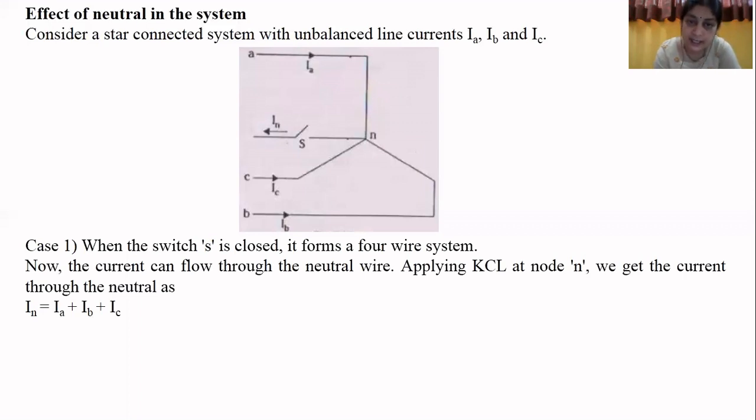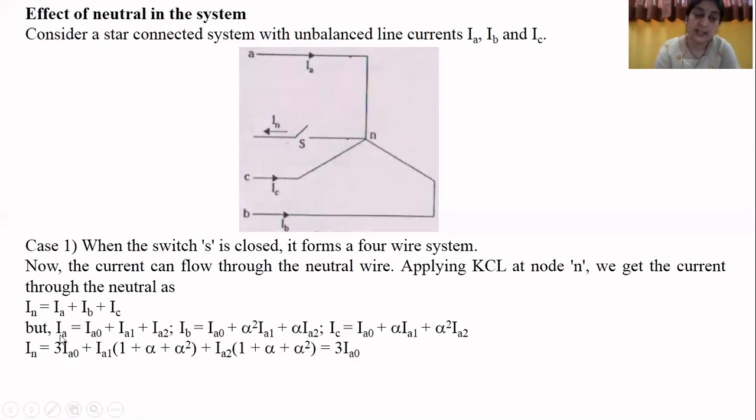Therefore, applying KCL at node N, we get IN equal to IA plus IB plus IC. Substituting IA, IB, IC in terms of the sequence components, that is IA is IA0 plus IA1 plus IA2, IB is IB0 plus IB1 plus IB2, and further can be expressed in terms of IA0. Similarly, IC can also be expressed in terms of symmetrical components of phase A. When we substitute, we get the current IN to be equal to 3 times IA0.